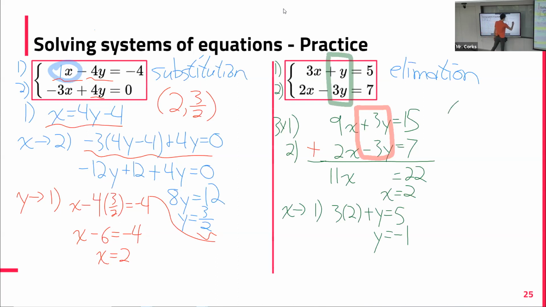So solution here, -1, 2. Yeah, sorry. Wrote that in the wrong order. 2, -1. Okay. All right, so two solutions here, substitution, elimination.